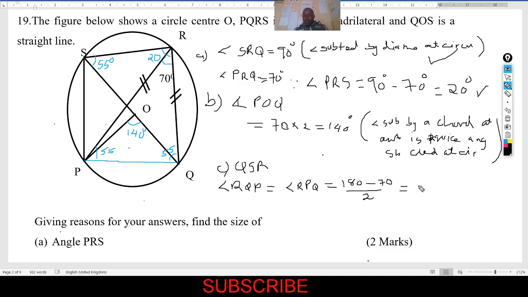This gives you 55 degrees. In brackets, sum of angles of a triangle, base angle of isosceles triangle.